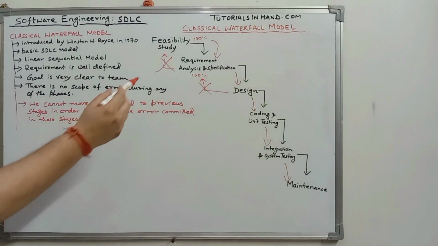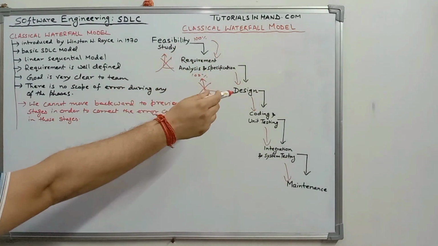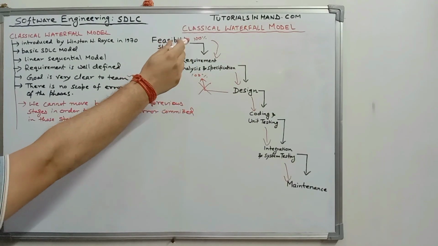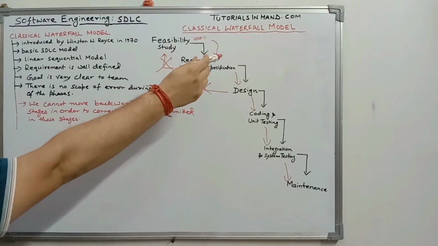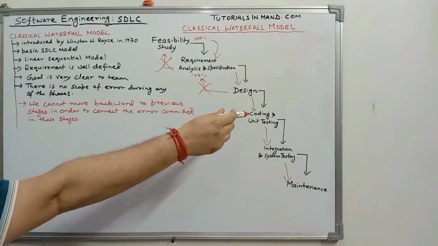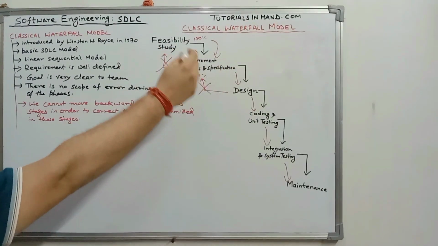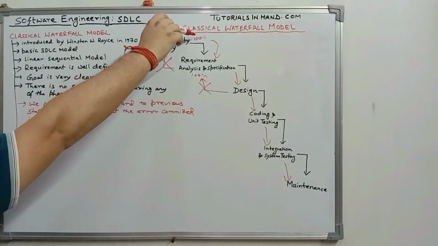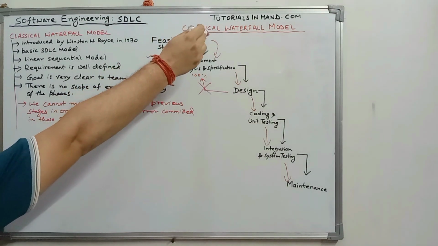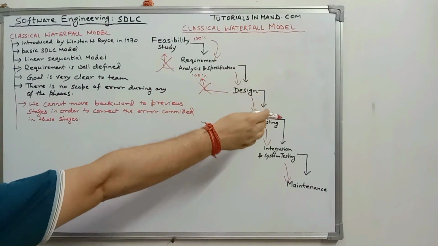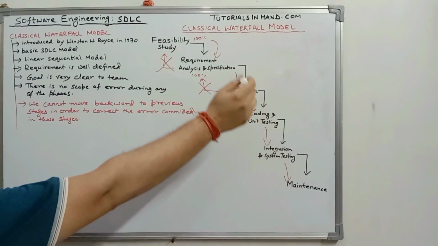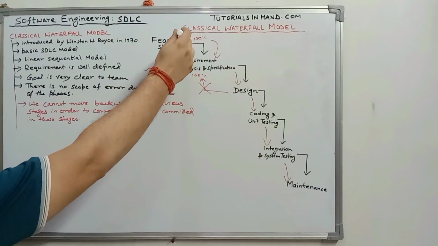And at the same time, this is the classical waterfall model because, as we have already said, it resembles the flow of water from a staircase or a waterfall. If you drop water from the top of a staircase, how does it fall? It falls step by step to the lowest stair, and this is the same.